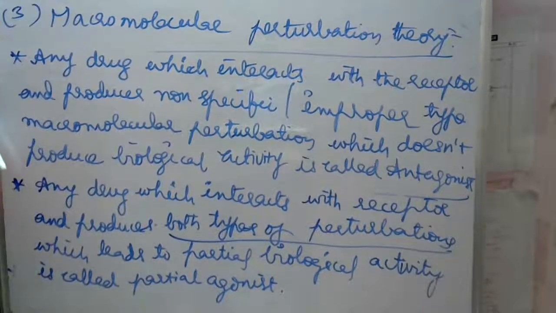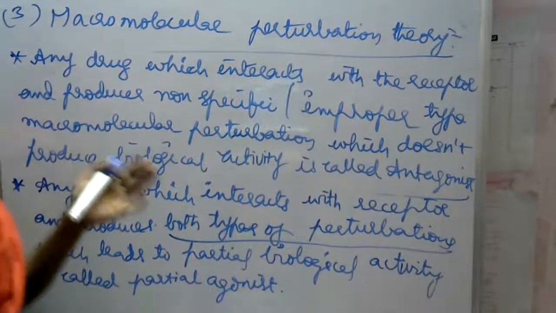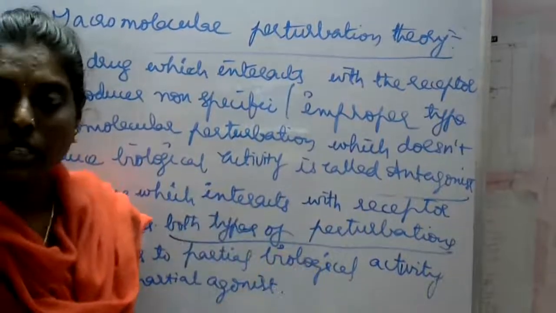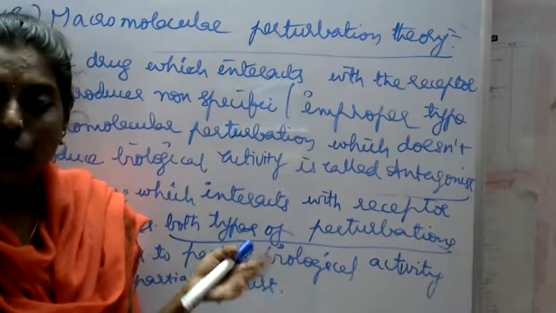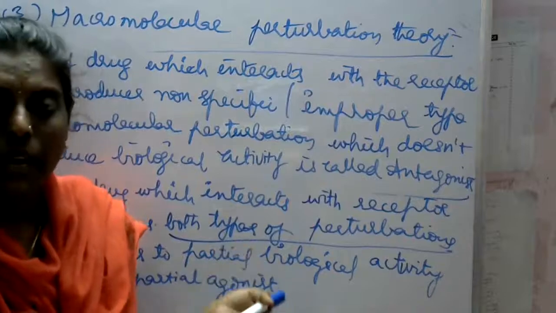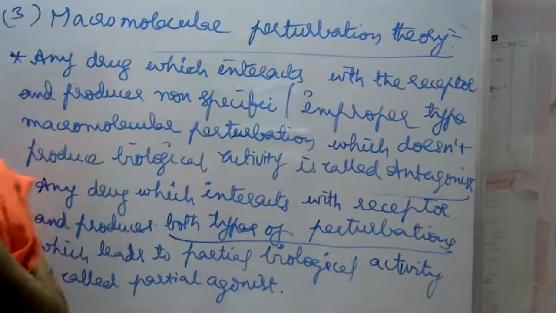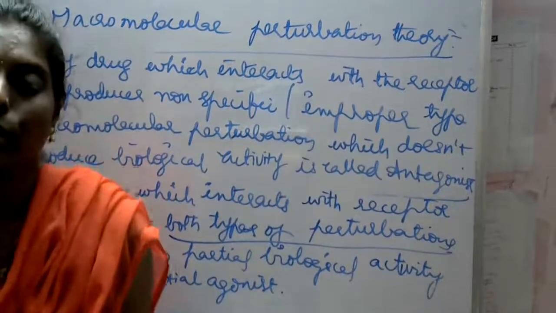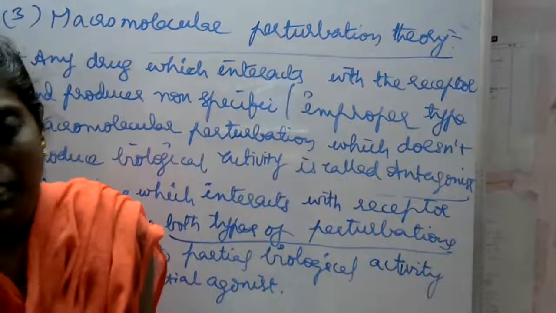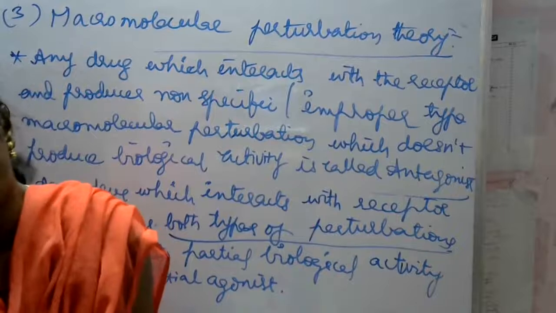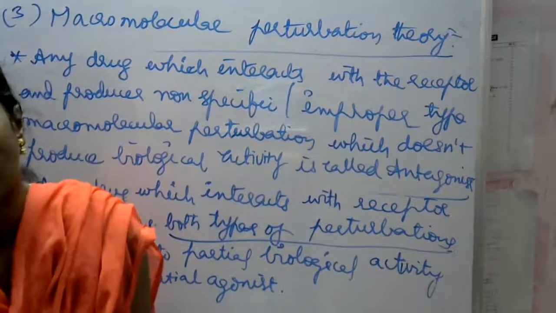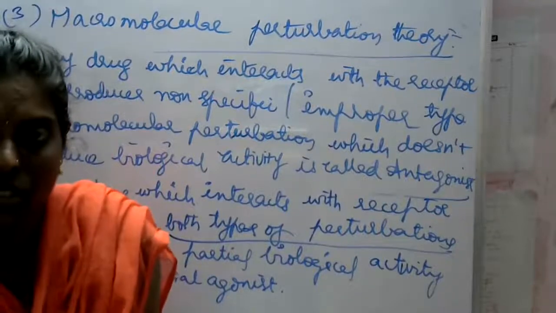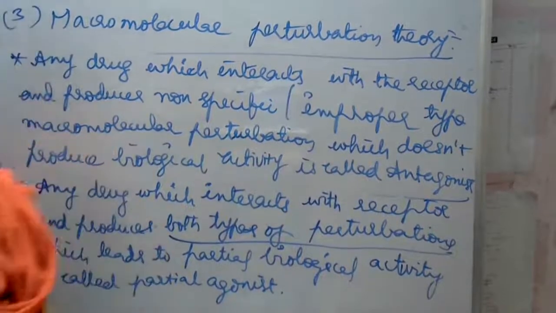Macromolecular perturbations are two types: specific macromolecular perturbations and non-specific macromolecular perturbations. A drug which produces specific macromolecular perturbations is called an agonist. What is the antagonist here?